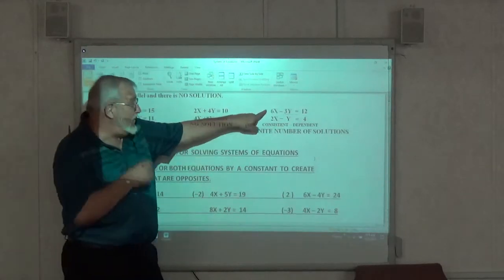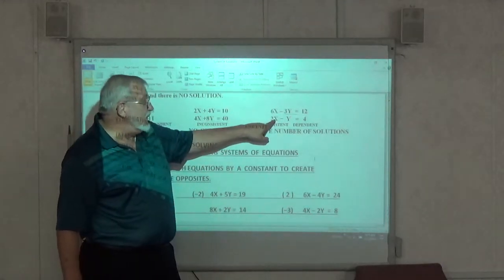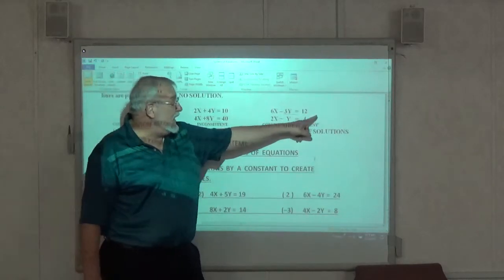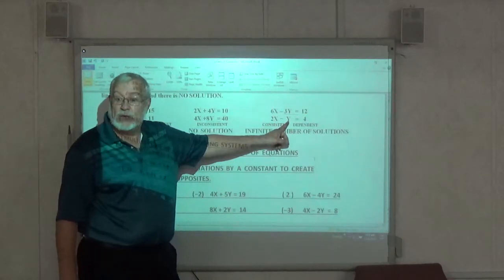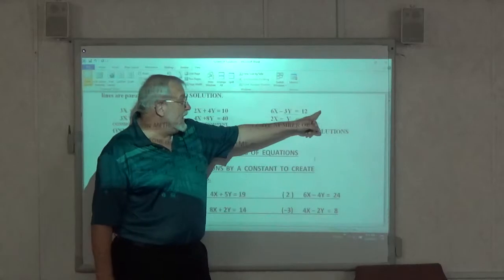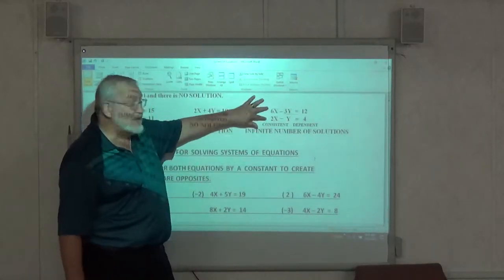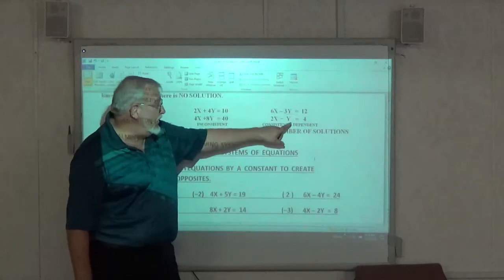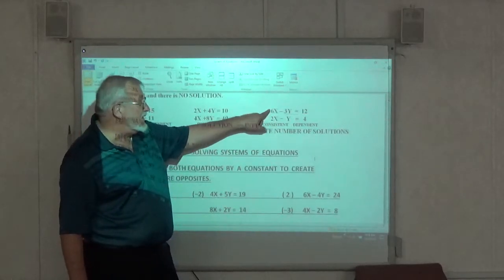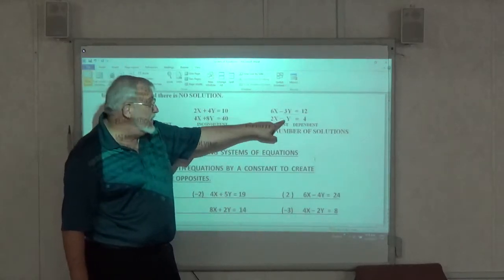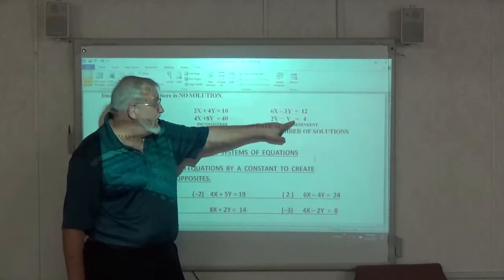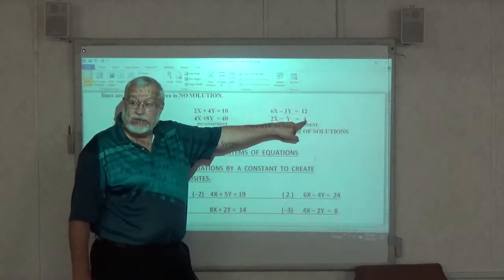Right? Now over here we have a situation where again I have -2 divided by -1, which is +2, -6 divided by -3, which is +2. So I have a slope that's the same, but if you'll notice, 3 times 2 is 6, negative 1 times 3 is negative 3, and 3 times 4 is 12.